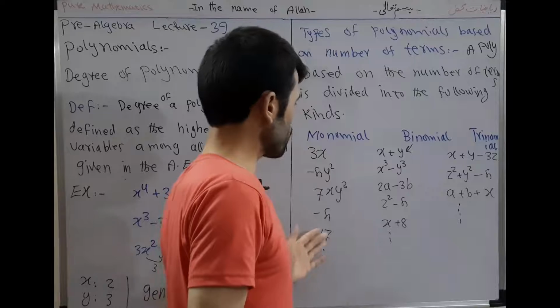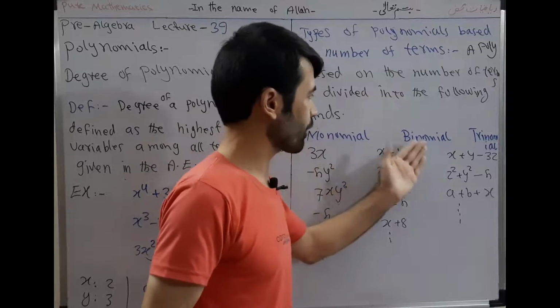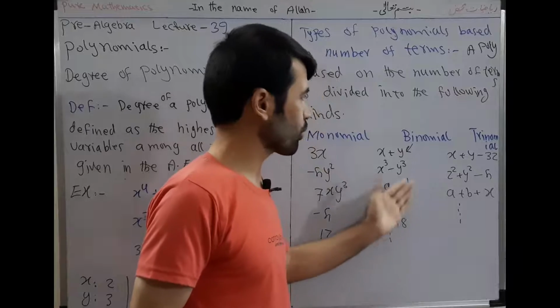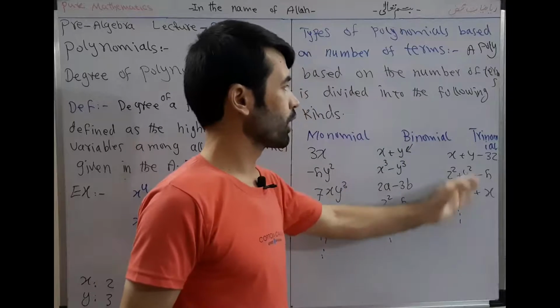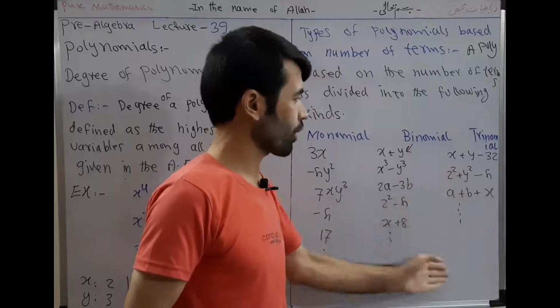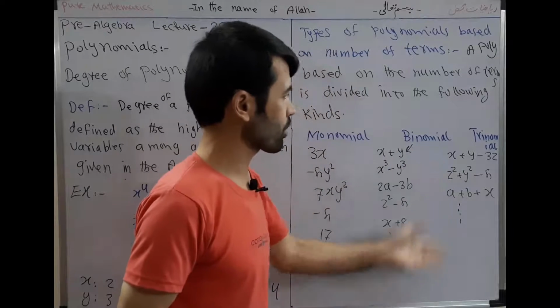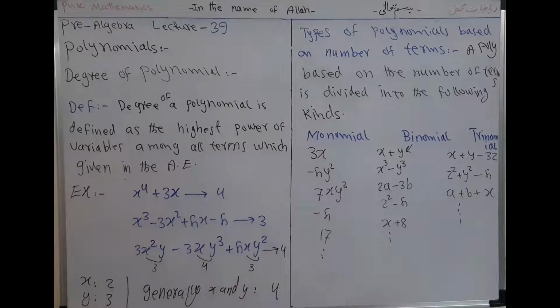If they have one term, we call monomial. If they have two terms, we call binomial. If they have three terms, we call trinomial.